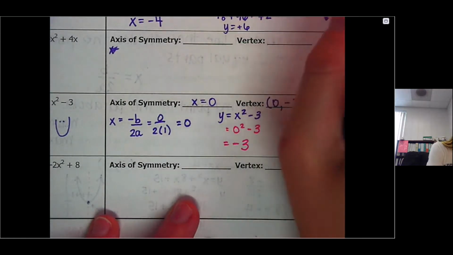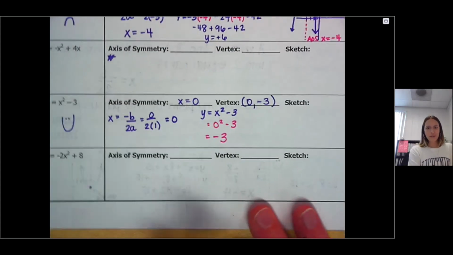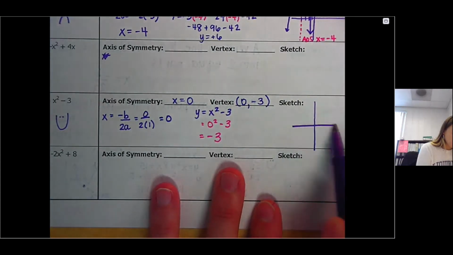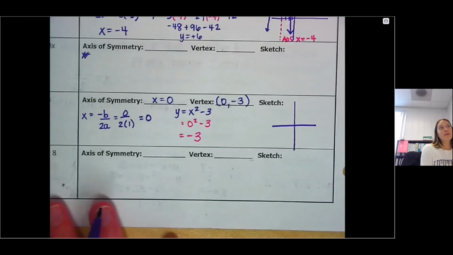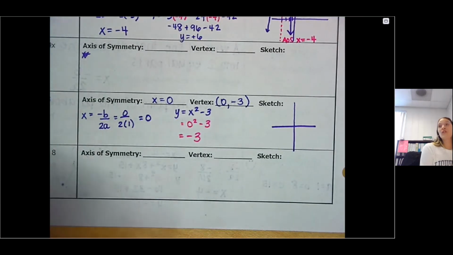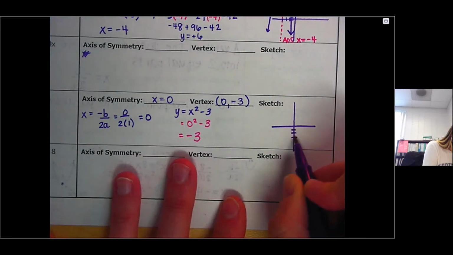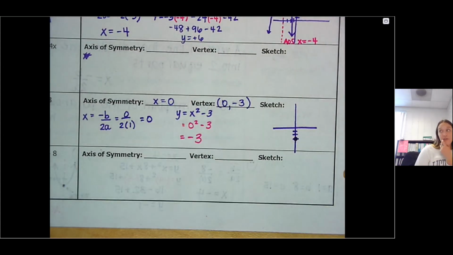So let's sketch it. How easy was that? Zeros are great. Now, 0, -3. Where is that on the graph? In the middle. Do I have to go up, down, left, or right for that 3? Down 3. So that's my vertex. It's a happy graph.